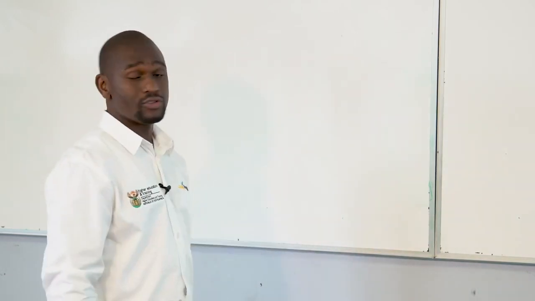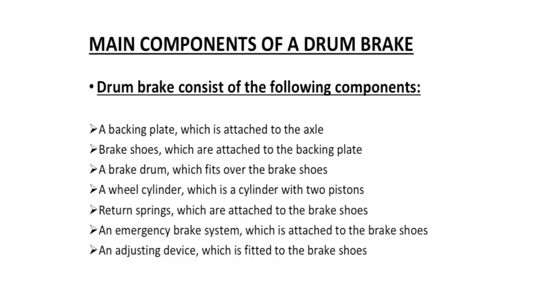Then main components of a drum brake. A drum brake consists of the following. A backing plate which is attached to the axle. Then we have brake shoes that are attached to the backing plate. Then we have a brake drum which fits over the brake shoes.